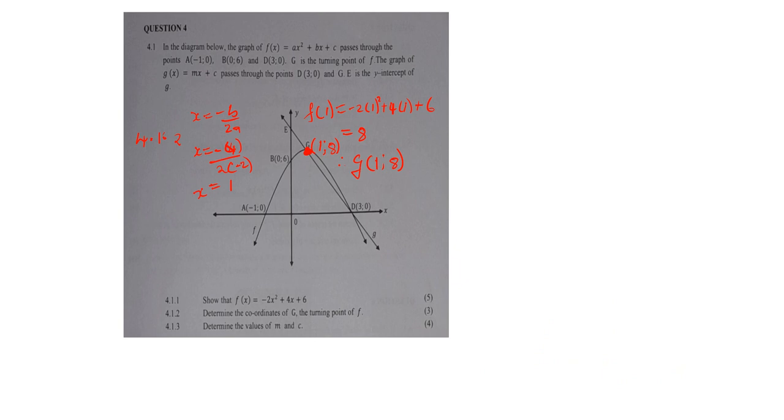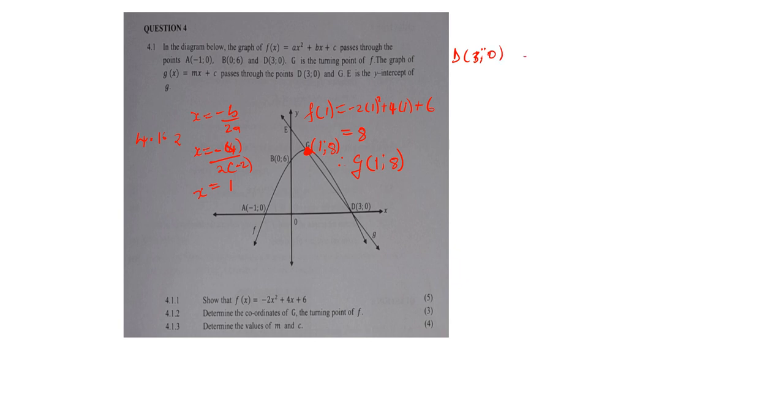So now, to find m and c, you have points on that particular line. We will use point D, which is (3, 0).